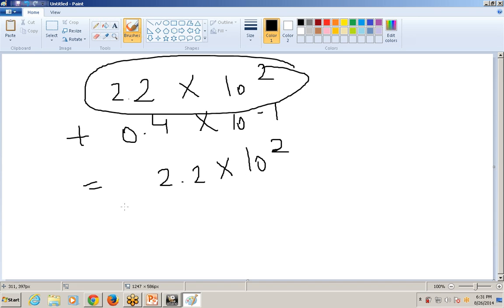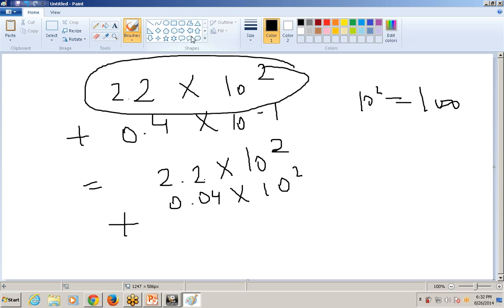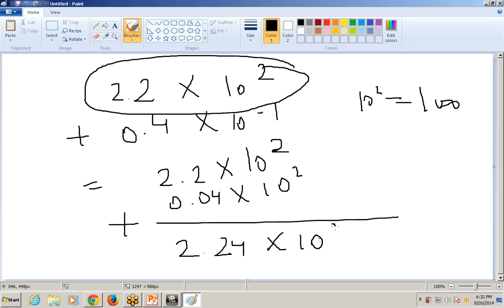Now convert the next figure into 10 power 2. 10 power 2 is 100, so I divide 4 by 100 and get 0.04 times 10 power 2. This is the alignment of the decimal numbers. Now add: 2.24 times 10 power 2. This is how we can add floating point numbers.